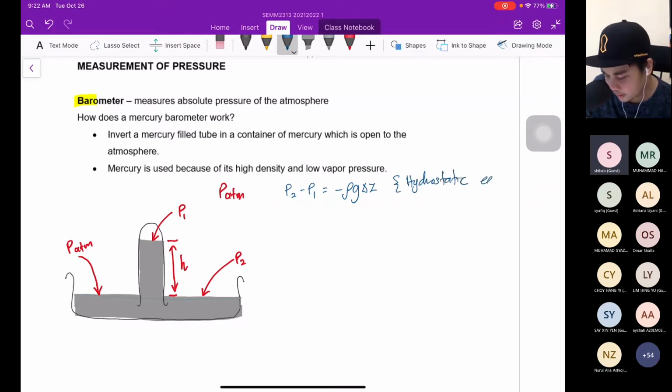P2 refers to P atmosphere, so we can say PATM minus P1. So what do you think of P1? What is the value of P1?